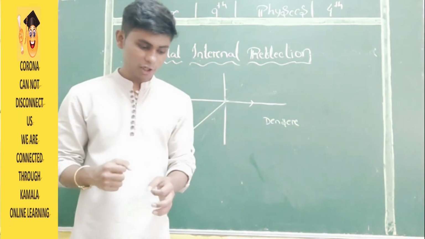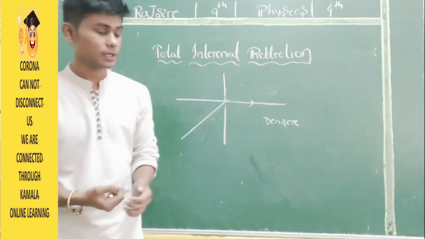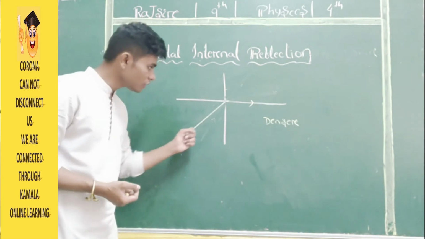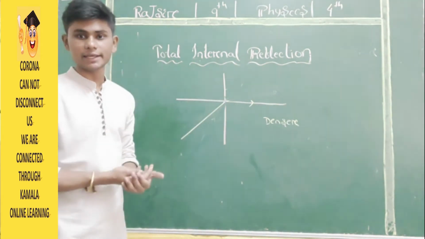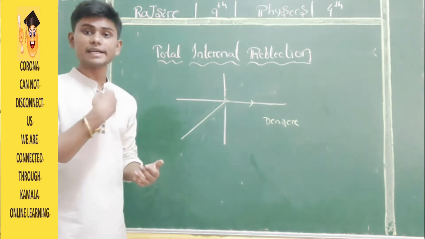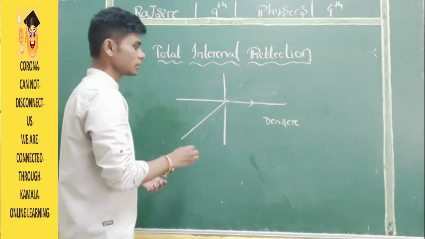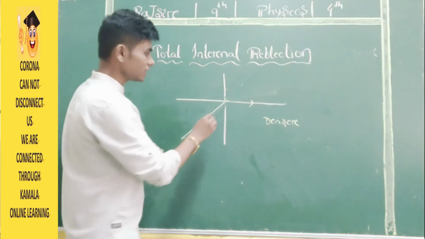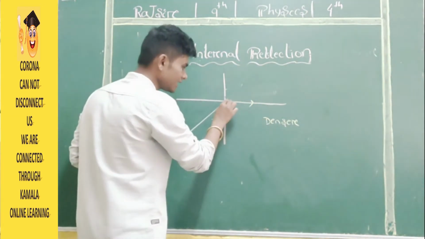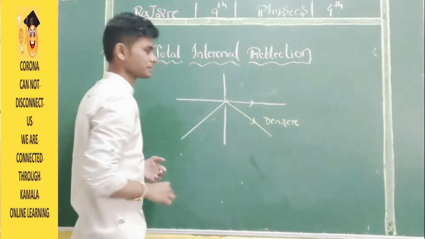If the angle of incidence is greater than the critical angle, if it is exceeding the critical angle, what will happen? If it becomes more than the critical angle, then what will happen? This light won't go into that medium. It will stay in this medium only.